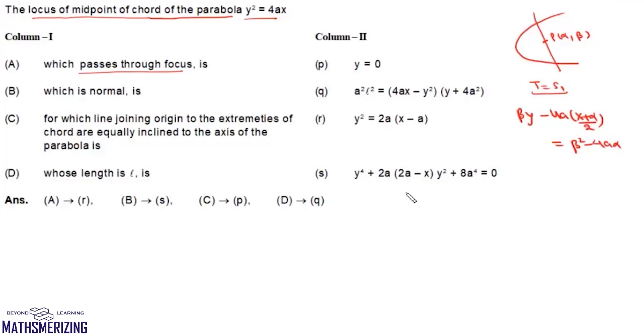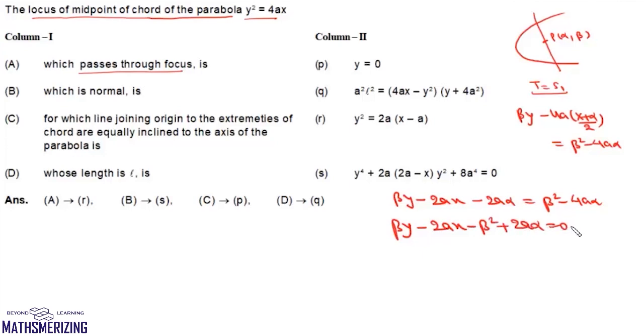We can write this equation as beta y minus 2ax minus 2a alpha, and this equals beta square minus 4a alpha, or beta y minus 2ax minus beta square plus 2a alpha equals 0.